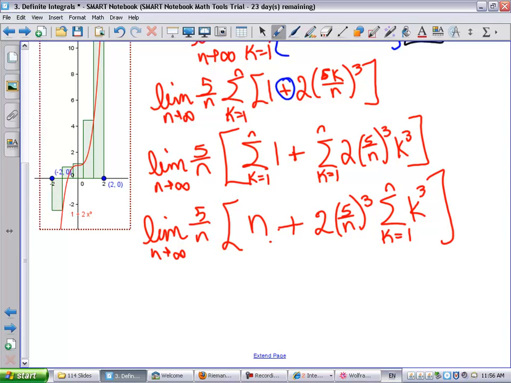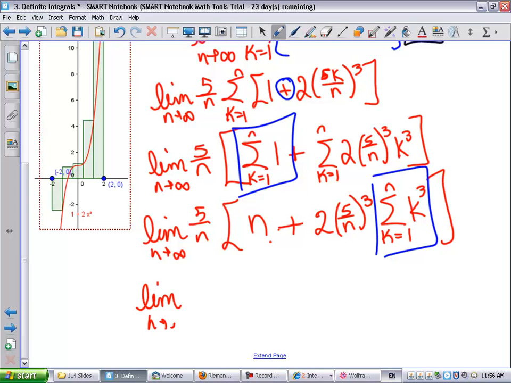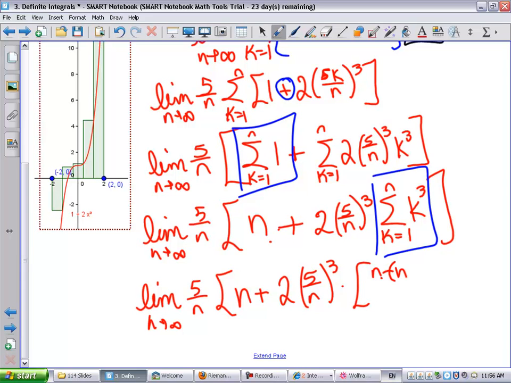And now, this one matches up with the formula the same way this one did before. So I have limit as n goes to infinity of 5 over n, sum n plus 2 times 5 over n cubed times, the cubed formula is n times n plus 1 over 2, the whole quantity squared.